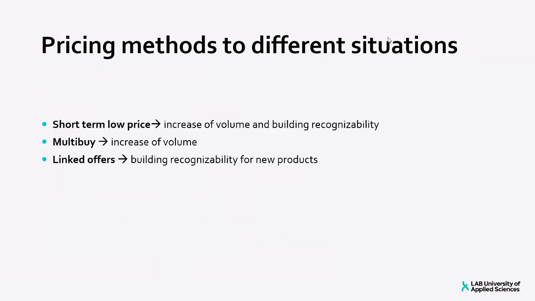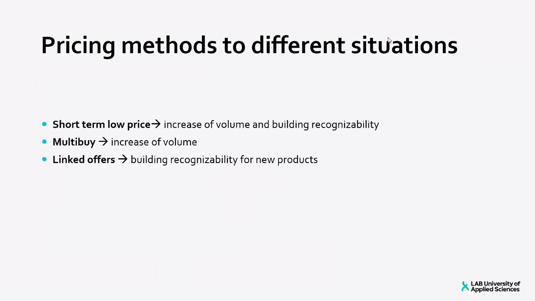If there's a linked offer, I actually said wrong. Multi-buy is that there's a ready-made package. Linked offer is the way that if you buy this, then you get, for example, 20% discount on this one. That is in situations where you're using the old product to get more visibility and recognizability for new products.